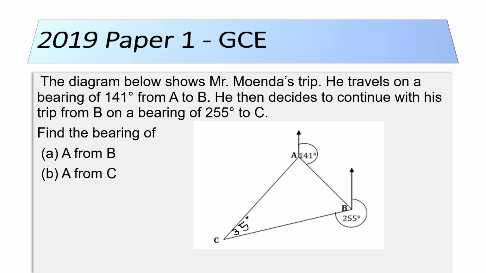He travels on a bearing of 141 degrees from A to B. He then decides to continue with his trip from B on a bearing of 255 degrees to C. Find the bearing of A from B and A from C. This is our question. Now let's do the calculations.